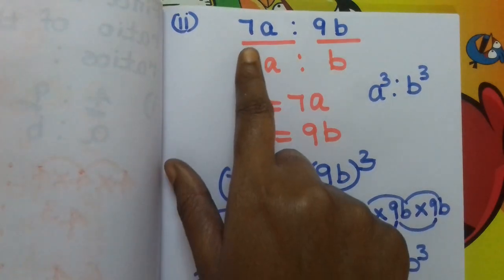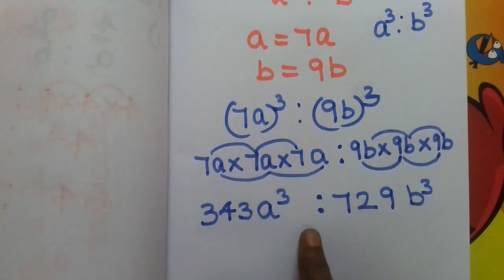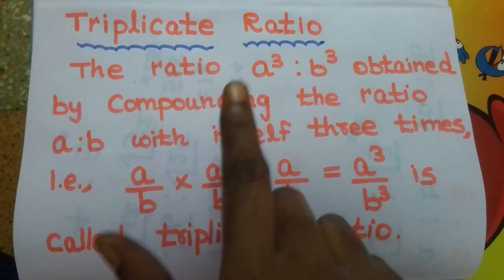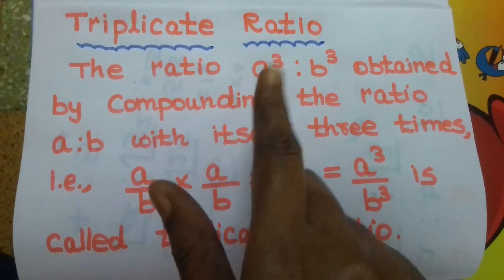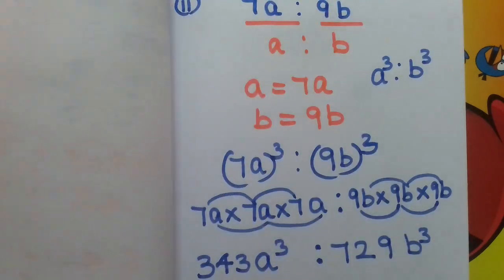So the triplicate ratio of 7a is to 9b is 343 a cube is to 729 b cube. So for triplicate ratio, you must cube your antecedent, and similarly cube your consequent. Thank you so much for watching this video.